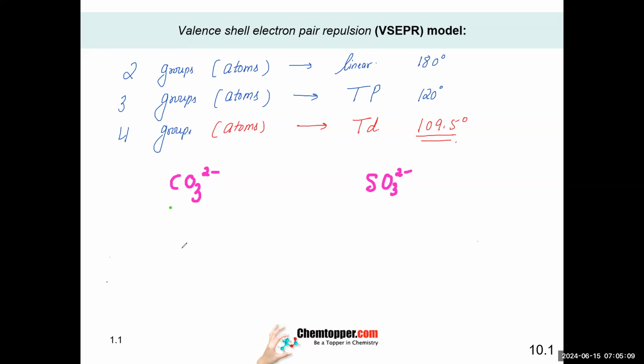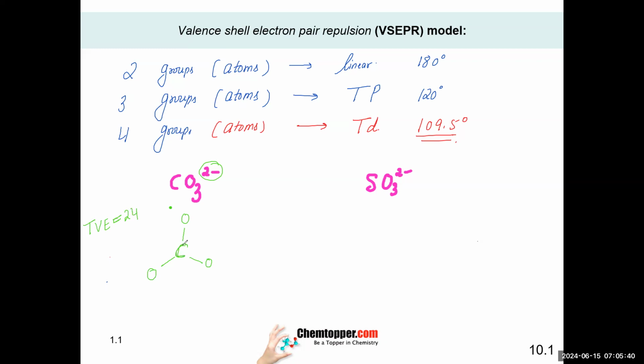Central element, carbon, skeleton. Make the skeleton. Total valence electrons in carbonate. Mayank, 2 minus. 2 minus. Yeah.